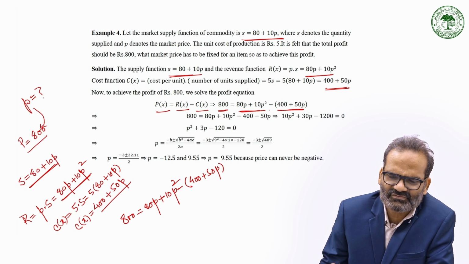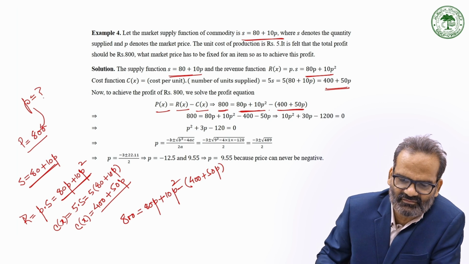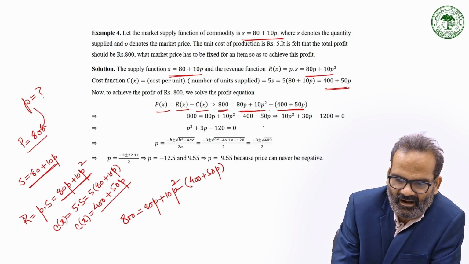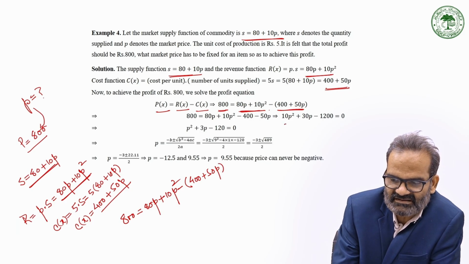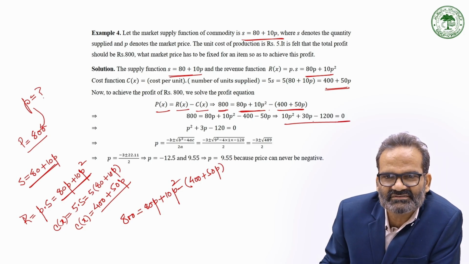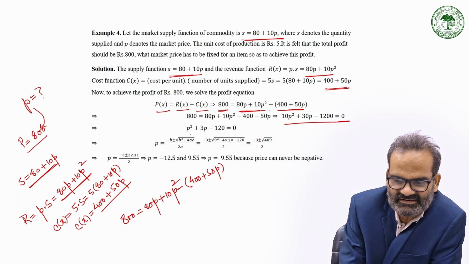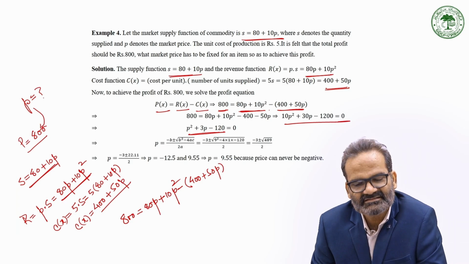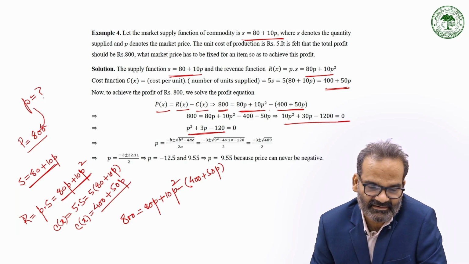Now solve it yourself, I think you can solve it. After some calculation and simplification, we get 10p square plus 30p minus 1200 equals 0. Divide this equation by 10 and you will get p square plus 3p minus 120. This is again a quadratic equation.